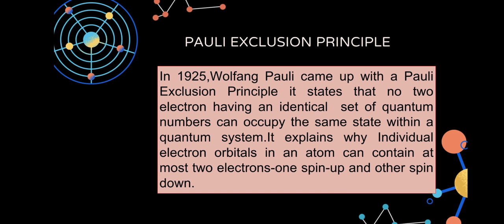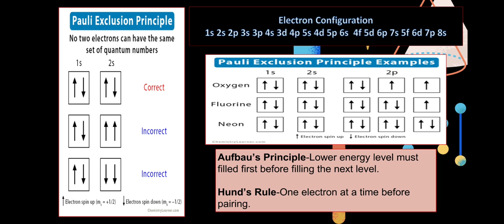So, proceed naman tayo sa Pauli exclusion principle. In 1925, Wolfgang Pauli came up with the Pauli exclusion principle. It states that no two electrons having an identical set of quantum numbers can occupy the same state within a quantum system. It explains why individual electron orbitals in an atom can contain at most 2 electrons, one spin up and the other spin down.